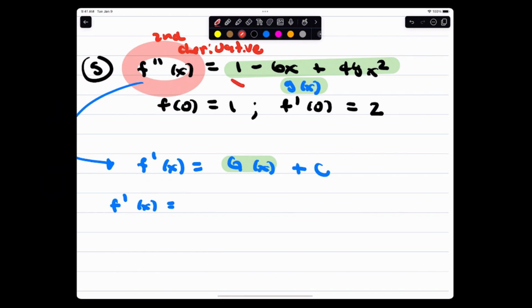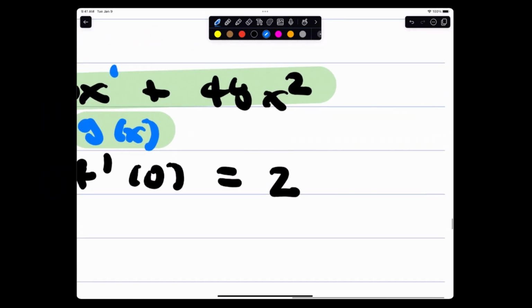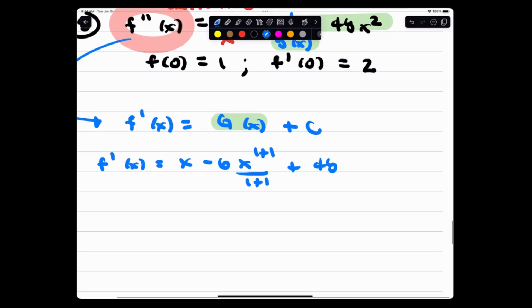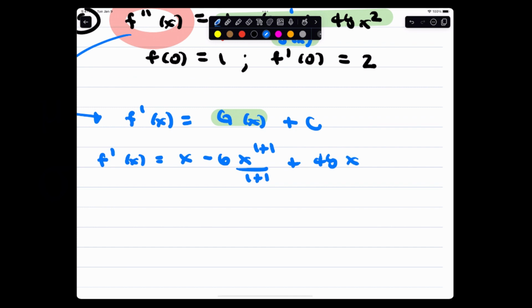Because you put x to the 0, you're going to get x. Minus 6. What's the antiderivative of x to the first power? 1 plus 1, 1 plus 1. Is that right? The antiderivative of x squared. Isn't that going to be 2 plus 1? Plus a constant c.